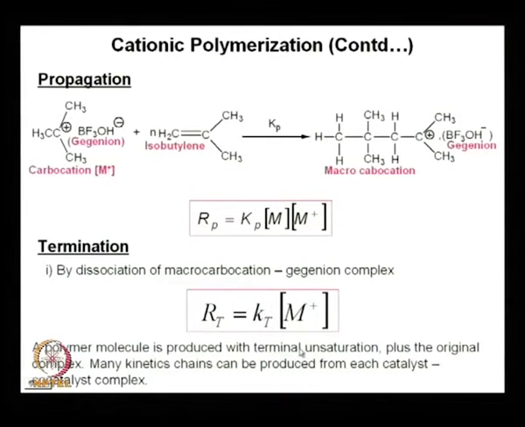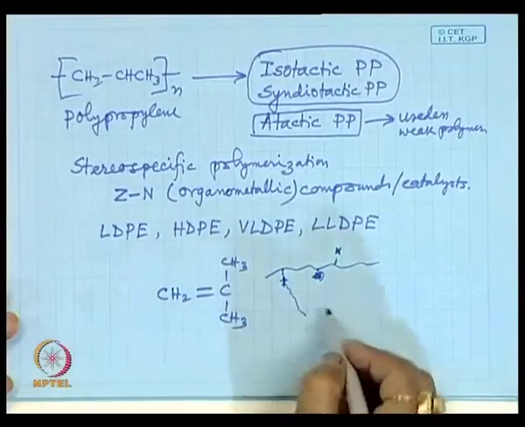It can leave this cationic center to another polymer or another monomer, or another growing chain, or another species of catalyst co-catalyst complex that is not shown here.